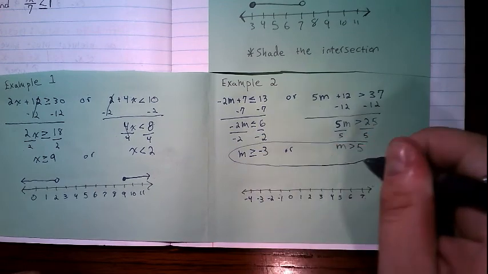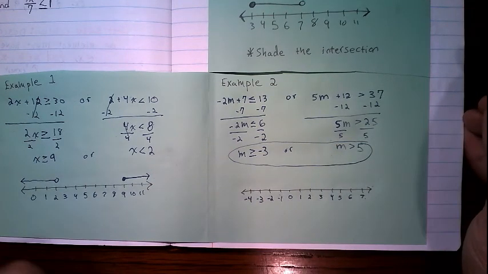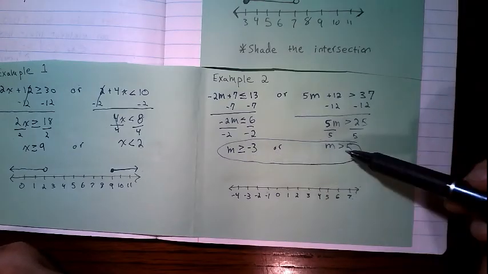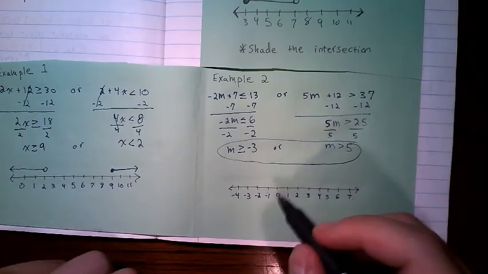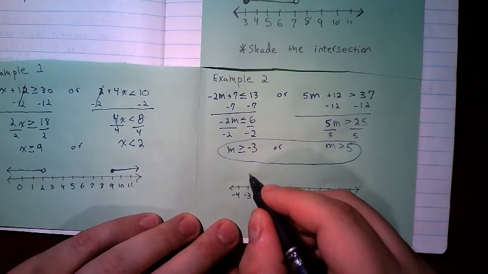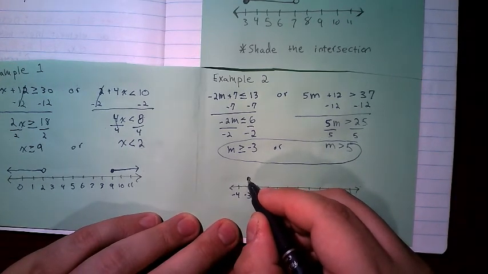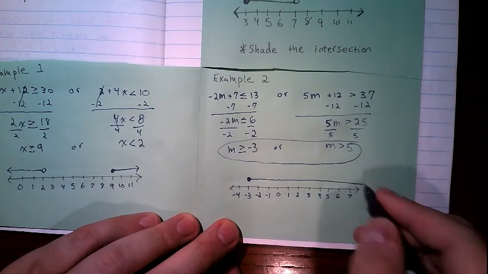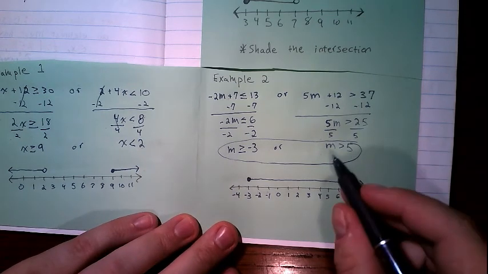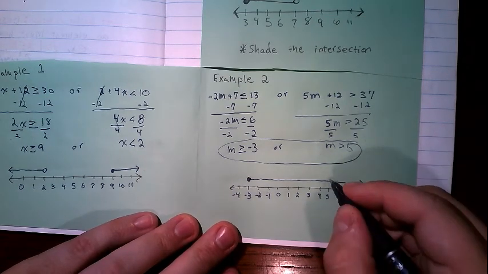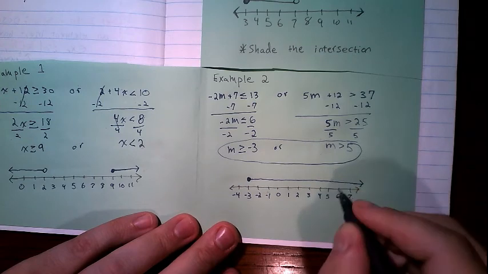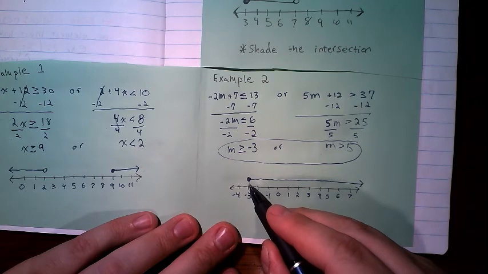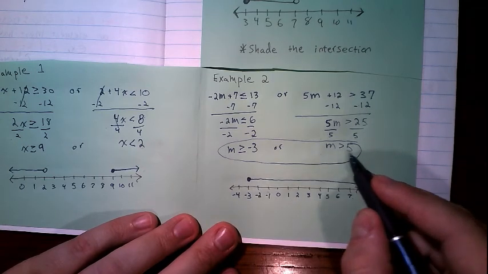So let's take a look at these two right here. So m can be greater than or equal to -3, or it can be greater than 5. Look what happens when I graph those. Greater than or equal to -3 is all of these values here. m is greater than 5, so that's, well, wait a minute. If m can be greater than or equal to -3, of course it can be greater than 5.